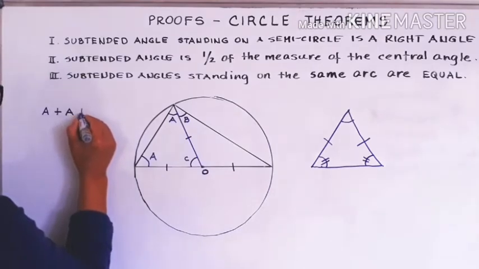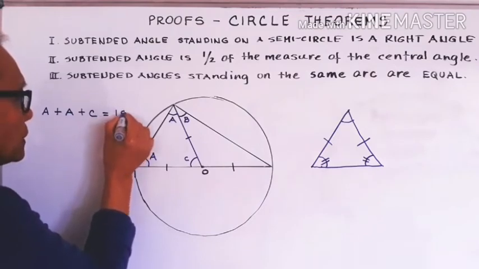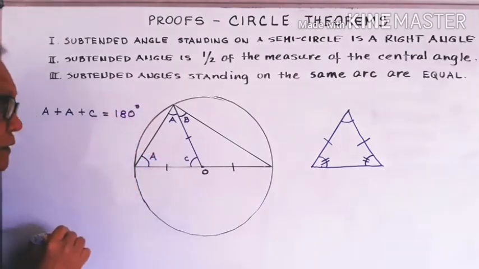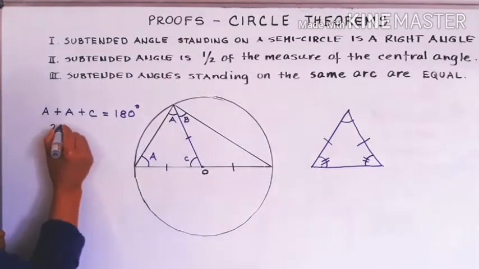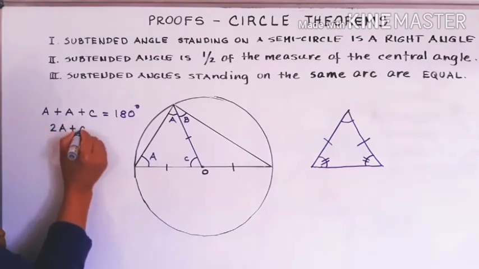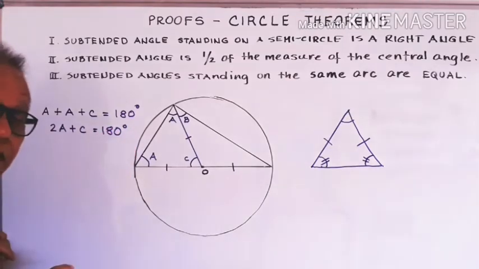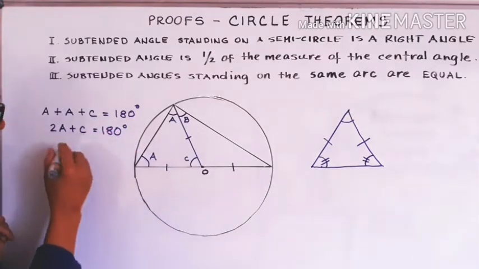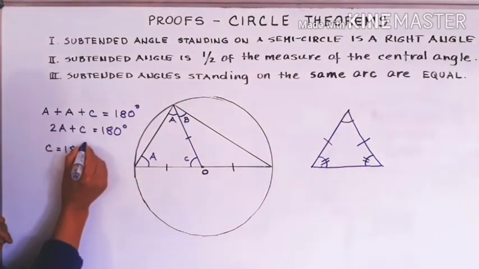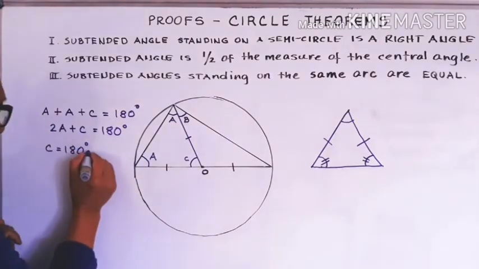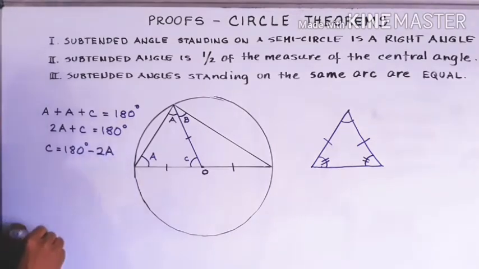So plus C is equal to 180 degrees, right? Okay. We combine like terms, so A plus A equals 2A, plus C is equal to 180 degrees. Then we solve for C. So C is equal to 180 degrees minus 2A. So that is our C.